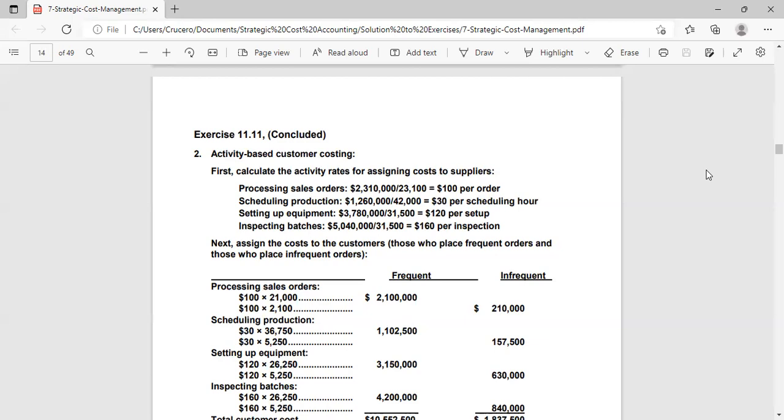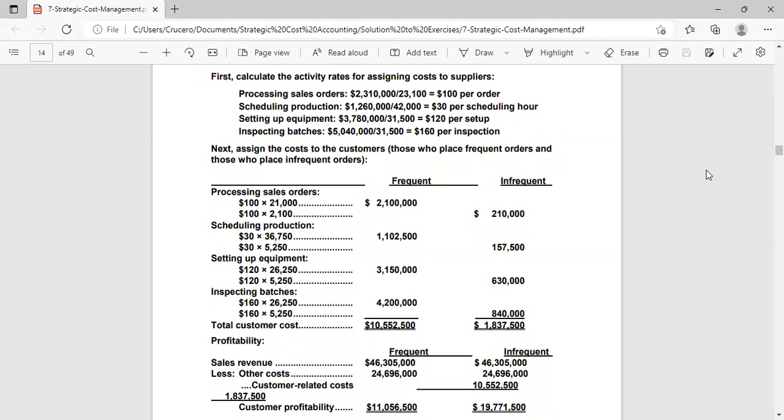Next, we assign the cost to the customers, those who place frequent orders and those with infrequent orders. So we have now the processing sales orders at $100 per order. So we multiply $100 by the number of orders. Scheduling production, we multiply $30 per scheduling hour times the number of scheduling hours.